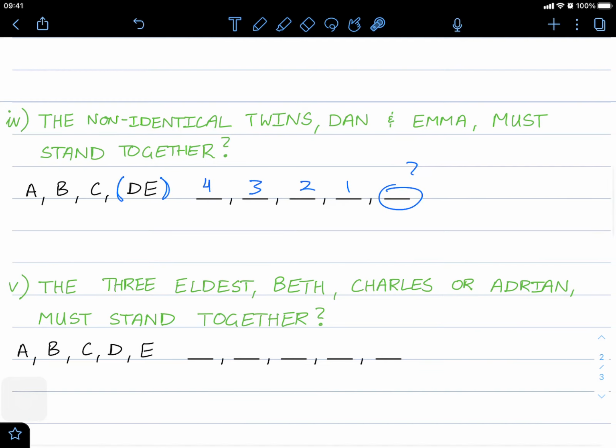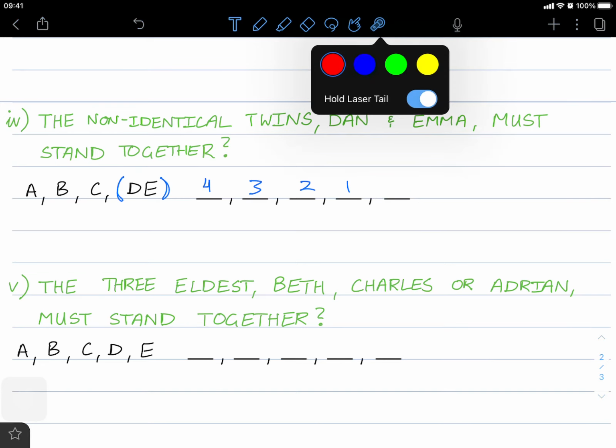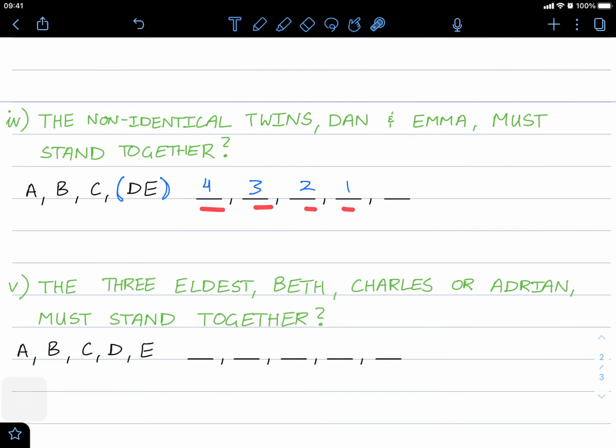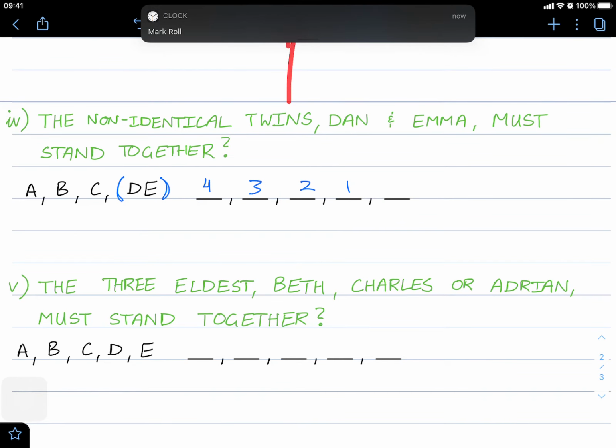Now remember, one of these selections along the line is Dan and Emma. So no matter where we pick 2 of them, if we choose to pick Dan and Emma, 2 positions will automatically be taken up.